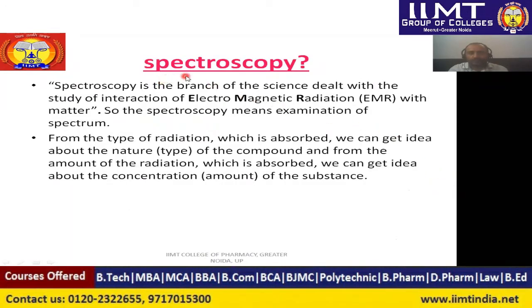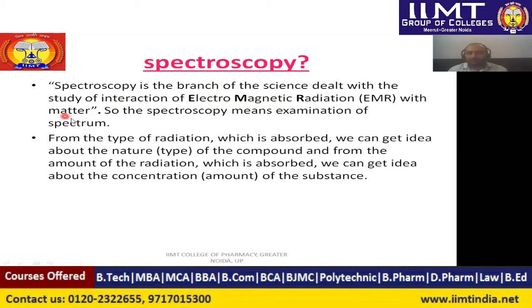First of all, let me define the word spectroscopy. What exactly does the word spectroscopy mean? As you can see in the slide, it is a branch of science that utilizes electromagnetic radiation, which interacts with matter.